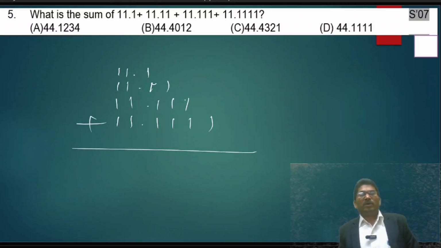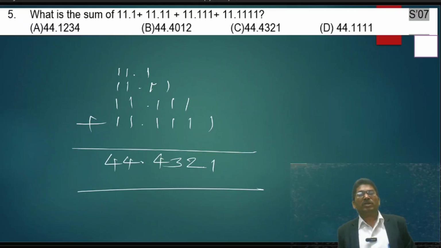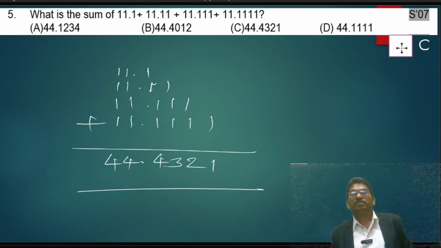While adding, we no need of making like decimals, so simply we can add 1, 2, 3, 4, 4, 4, 44.4321. C is the correct option.